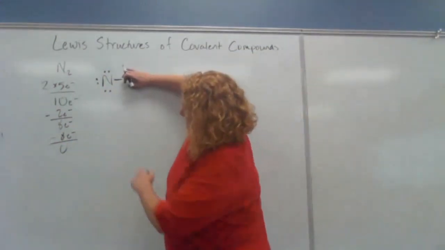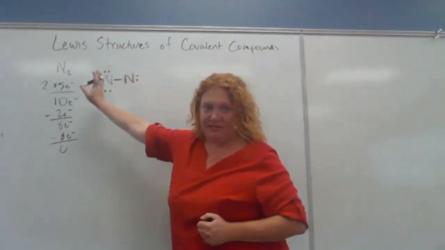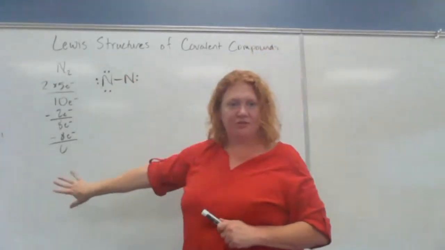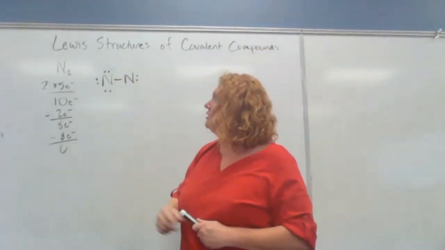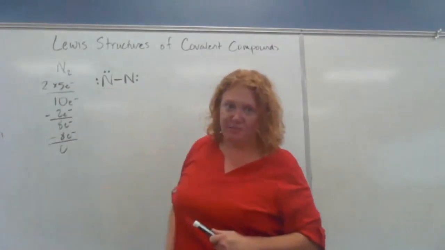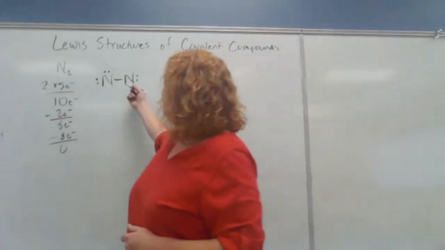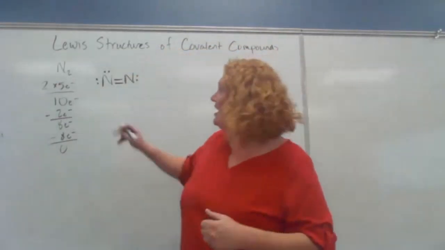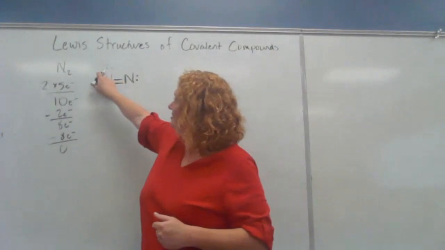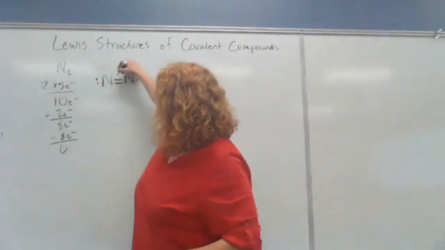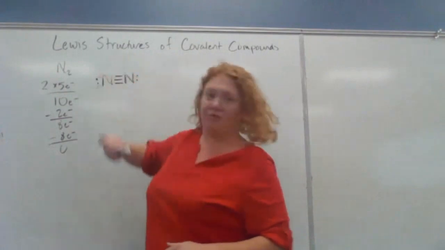Obviously, I made that nitrogen have an octet, but this nitrogen does not have an octet. You can't add more electrons. You already are at 0. What you can do is, instead of those 2 electrons being a lone pair, they can become part of a bond. Now instead of this lone pair being by itself, it is part of a bond.